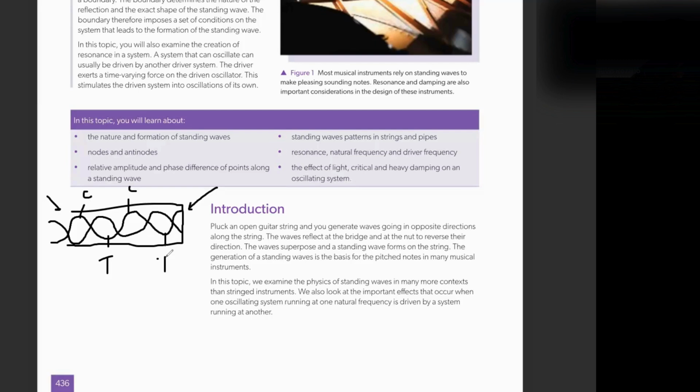And for the reflected wave which is going out, this is the trough, this is the crest, this is the trough, and this is the crest. Does it make sense now?